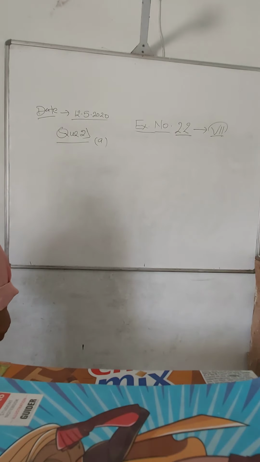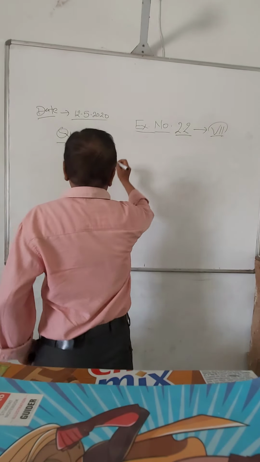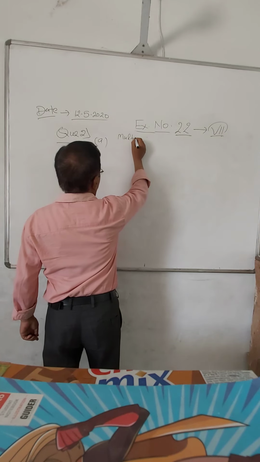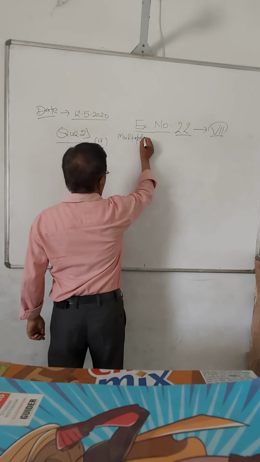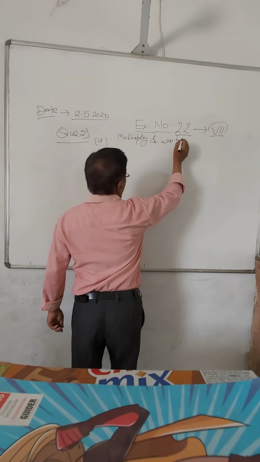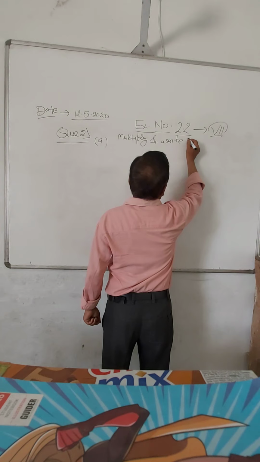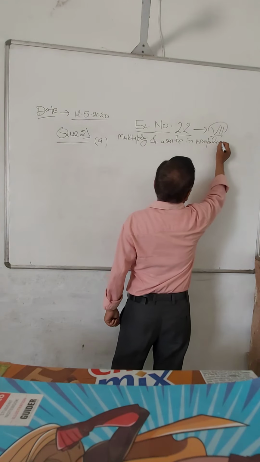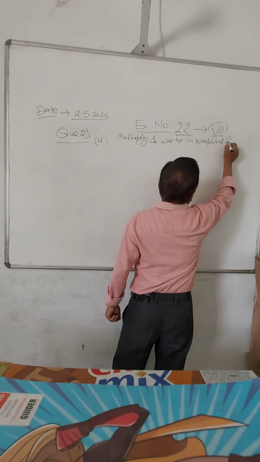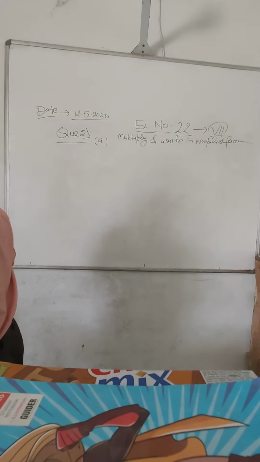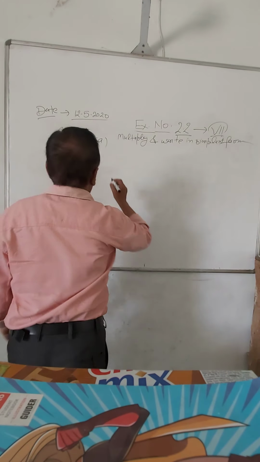Multiply and write in simplest form. Question number A is 2 into 3 by 4.